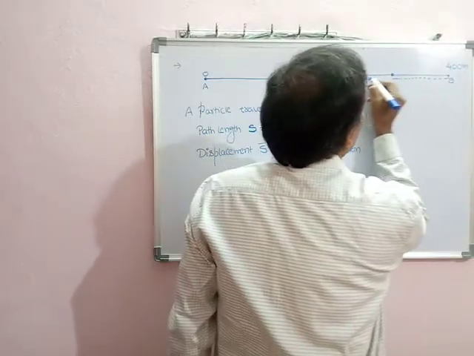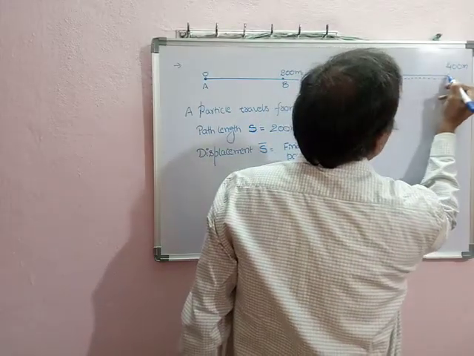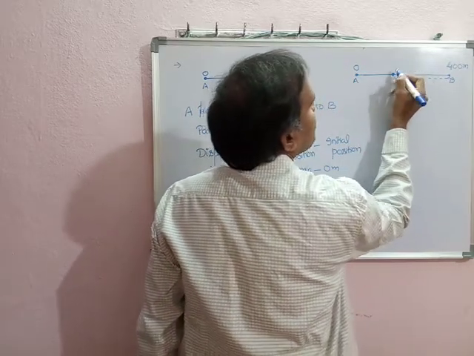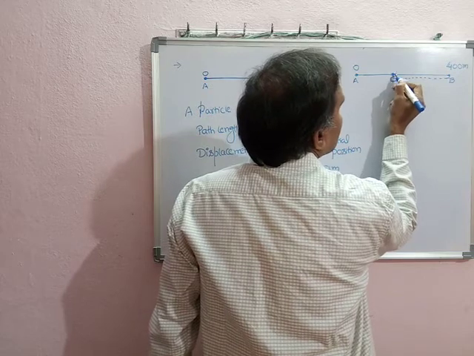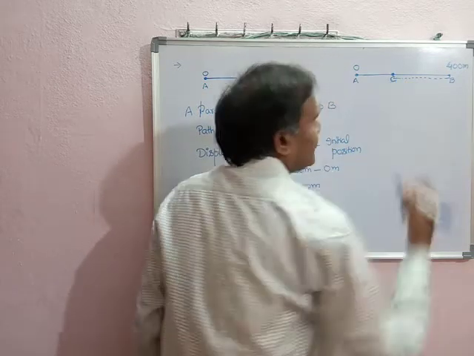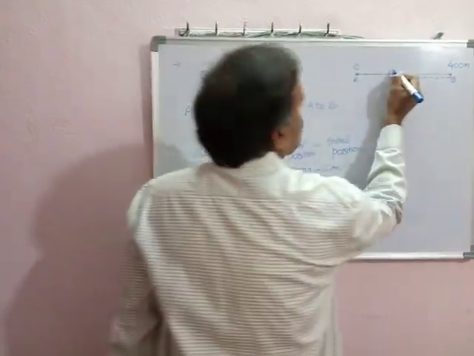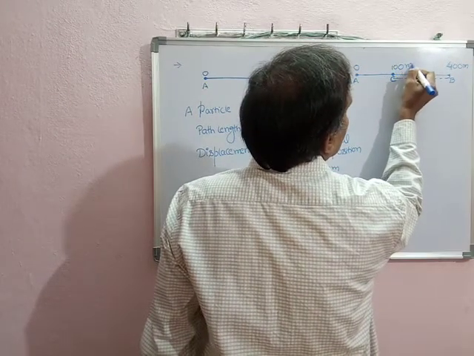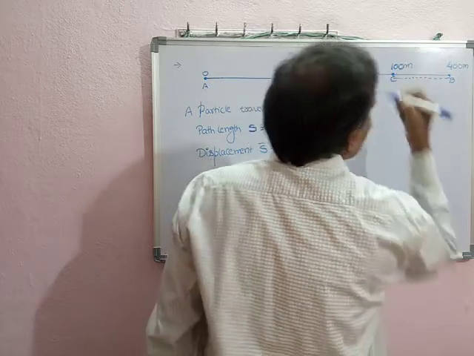The particle moves in this manner and again moves back, reaching point C. The position of C is 100 meters.